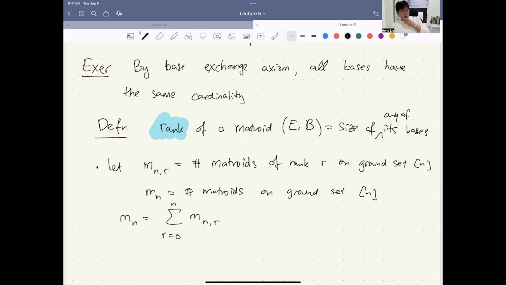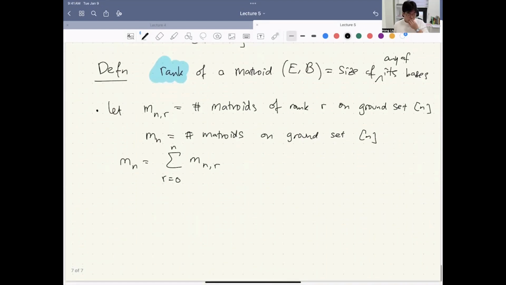Okay, let's first give a trivial upper bound on M(n). What's a trivial upper bound?